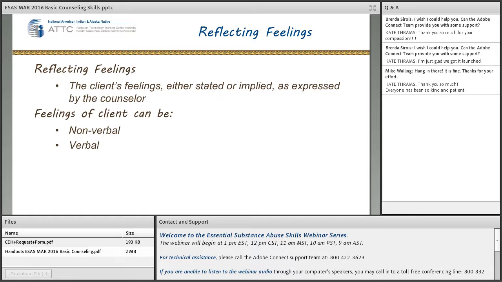Those are really important when working with clients because often that sends us a signal that maybe they're uncomfortable, or it's something they don't want to talk about. And sometimes our clients don't know what they want to talk about. And other times they will let you know what they don't want to talk about.